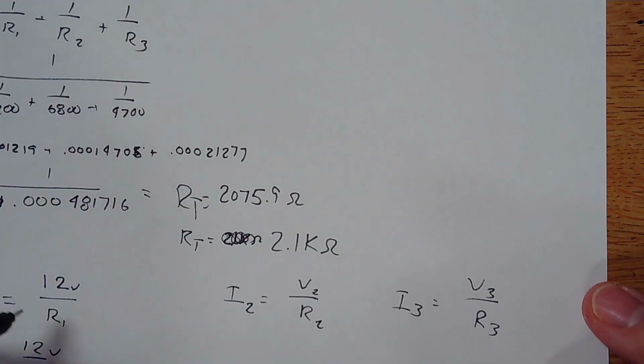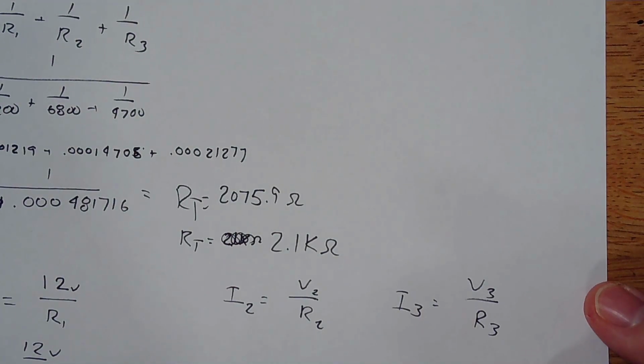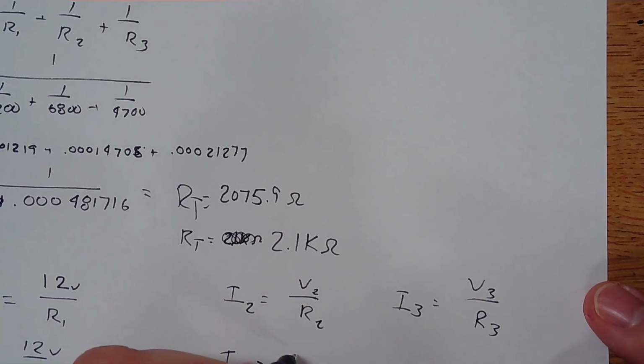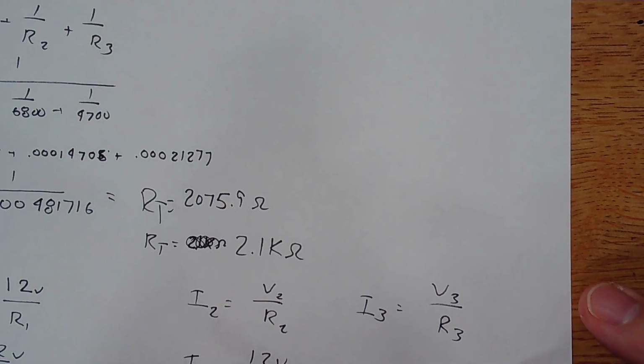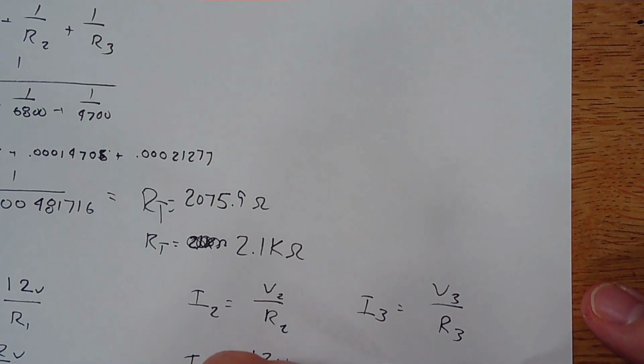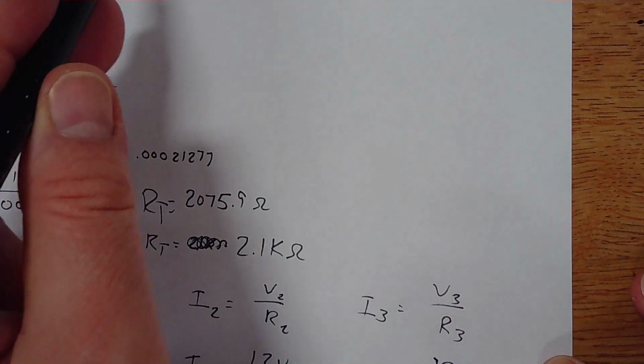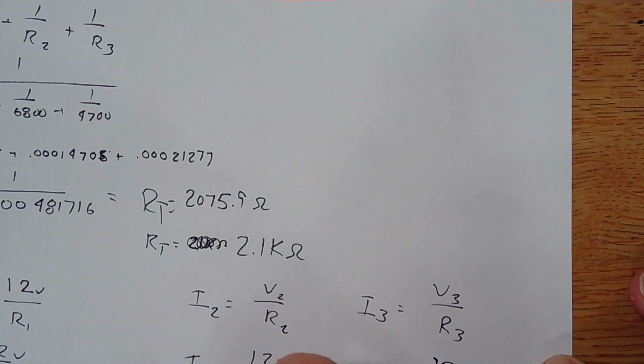So then we just have the resistance at 1, which is 8200. I2 is equal to 12 volts over 6,800, the resistance at 2, and I3 is equal to 12 volts over the third resistance, which is 4,700.